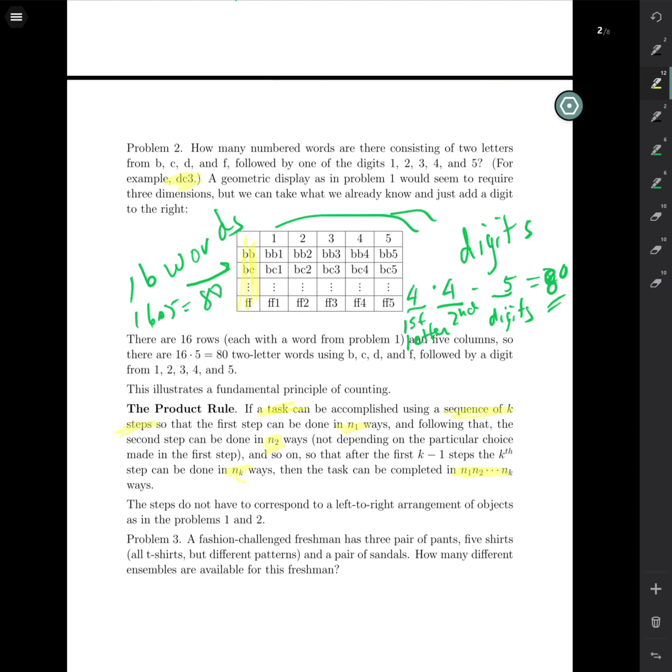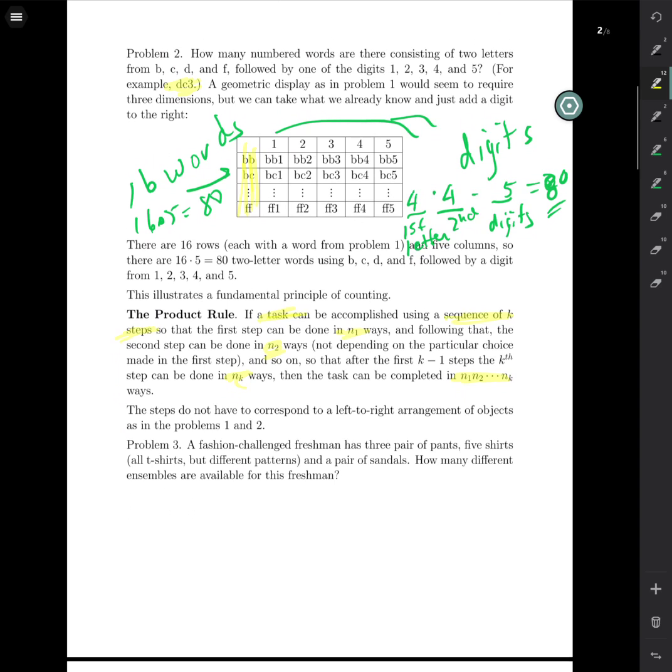Now in the first couple of examples, everything was done in an order that corresponded to the way we would lay out the word from left to right. But things don't have to naturally come that way, but we'll try to organize them in a way where we can talk about step 1, step 2, etc. For example, here is a very simple one.